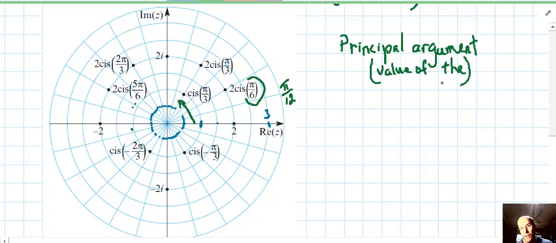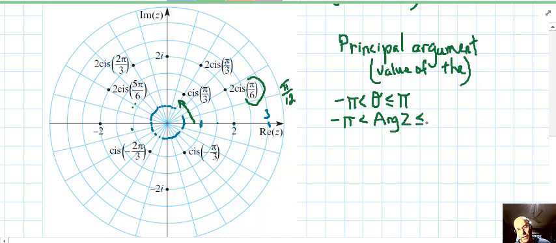The principal value of the argument, or just the principal argument, is basically when we have things, the convention to avoid issues is it can go up to pi, it can go down to, but not including negative pi, so the angle goes down there. So in other words, arg z is between negative pi, non-inclusive, and pi. Okay, we'll go through the reasons why.